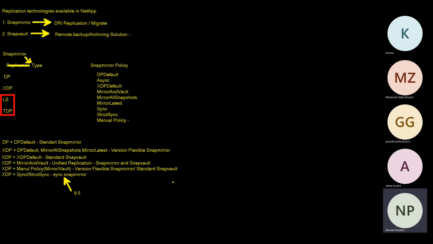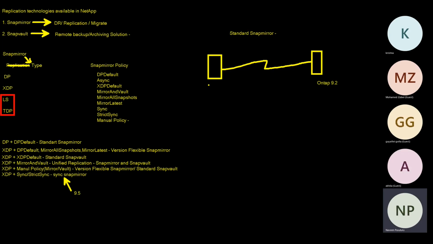Now we'll talk about the difference between standard SnapMirror and version flexible SnapMirror. Normally, standard SnapMirror is like, if you want to create a replication between two NetApp cluster volumes, let's assume this is one NetApp cluster and another NetApp cluster, then the ONTAP version on destination must be greater than or equal to the ONTAP version on source.